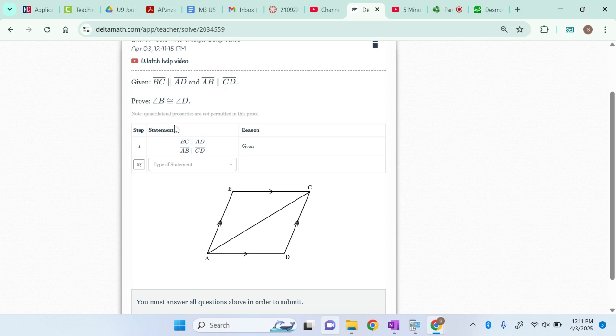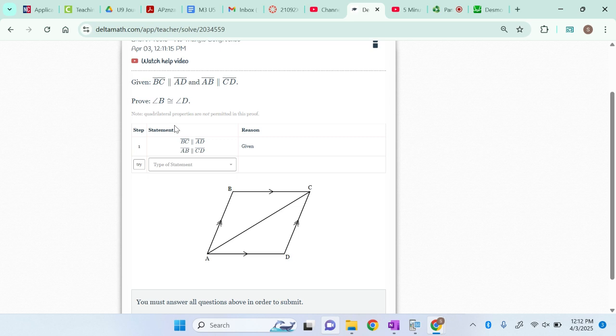So we're trying to prove that angle B is congruent to angle D. The only thing that they gave us was that side BC is congruent to side AD. So these two, not congruent, parallel. These two are parallel. And then AB is congruent to CD, and these two are parallel. And they already stated are given.